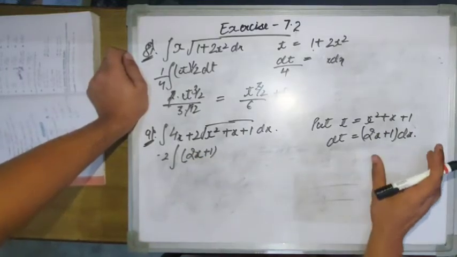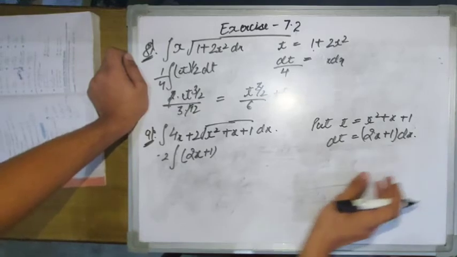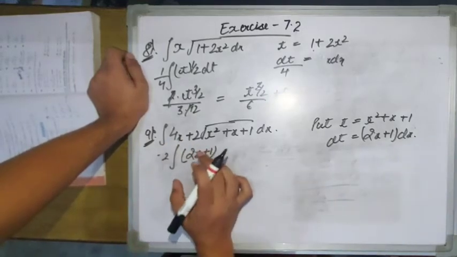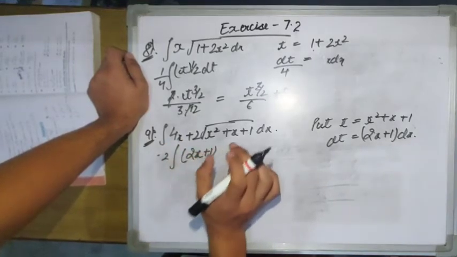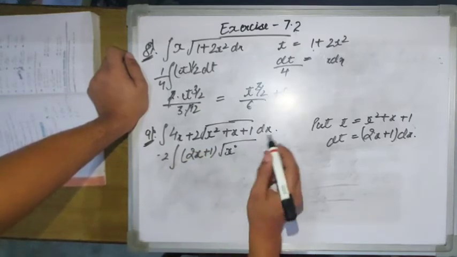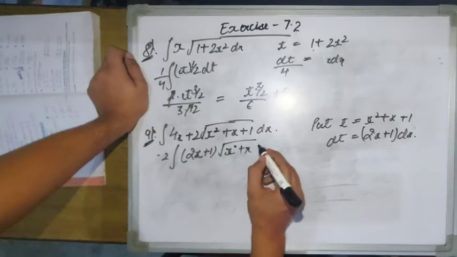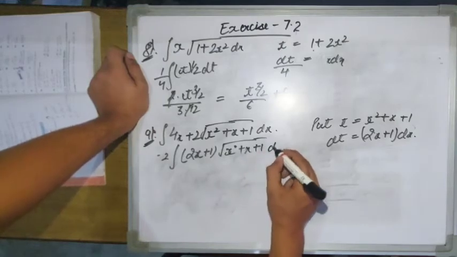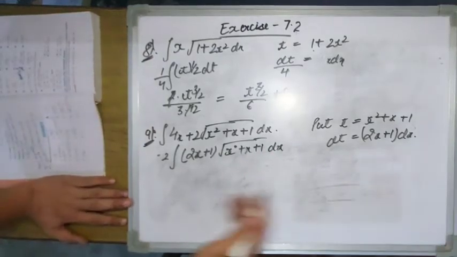So we got this 2x plus 1 from the 4x plus 2 by taking out 2 common from the 4x plus 2. I am writing x square plus x plus 1 as it is for a while. We will substitute the value in the next step.